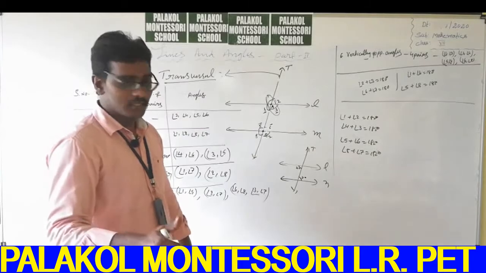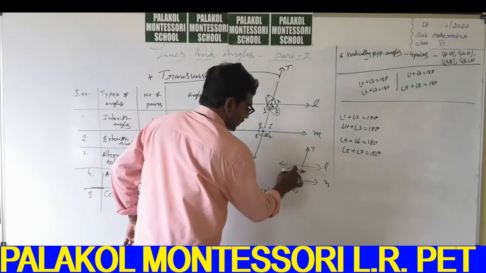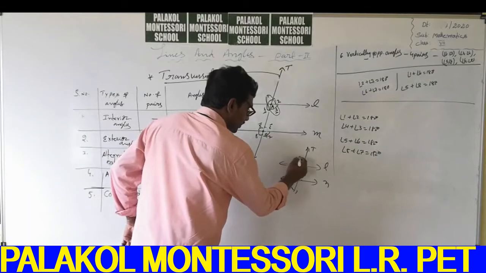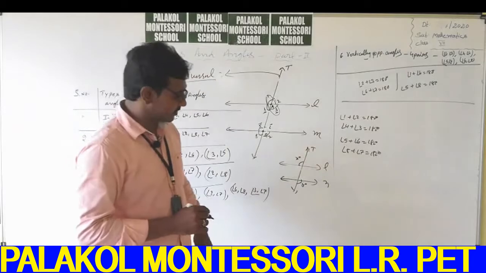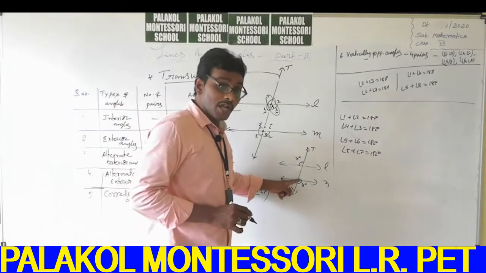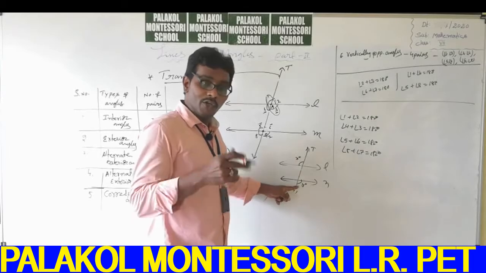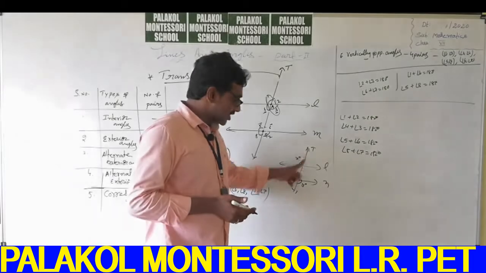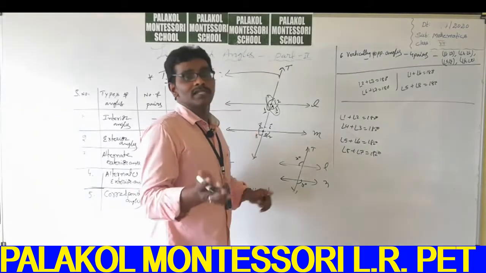Is it clear? Suppose, see, please observe guys, this is also alternate angles, but these are exterior angles. How do you know they are alternate angles? The two angles are on opposite sides of the transverse.